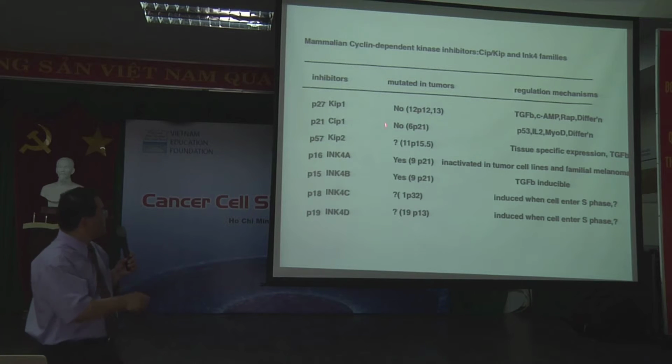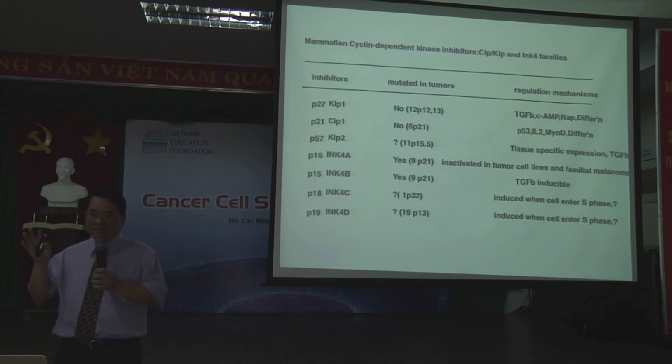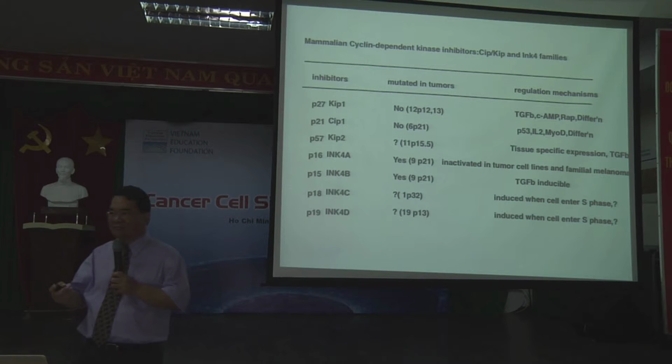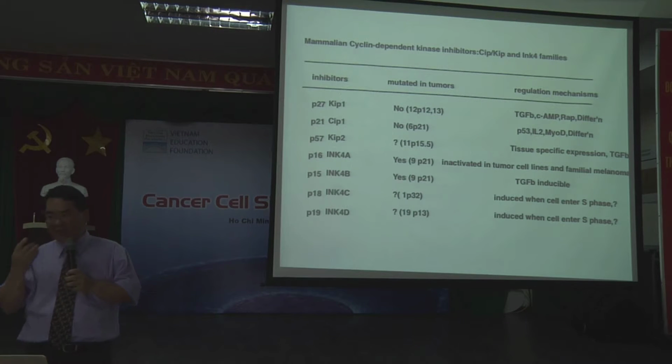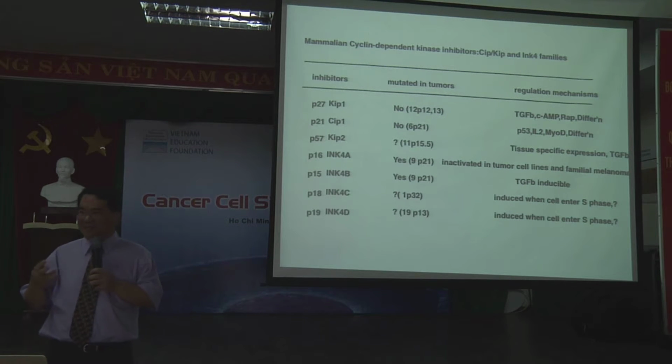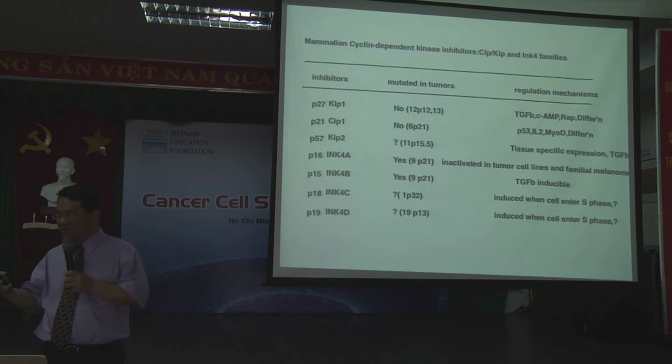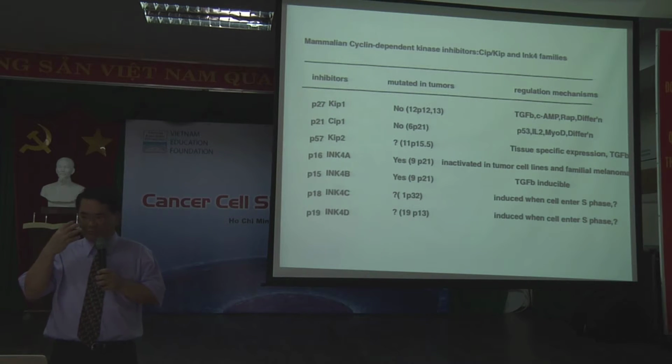Interestingly enough, for these families, the mutations found in cancer are so rare. So we've been scratching our heads for a while. If the brake is so important, maybe the gene has some mutations, so the cancer cell will have the advantage of inactivating the brake.